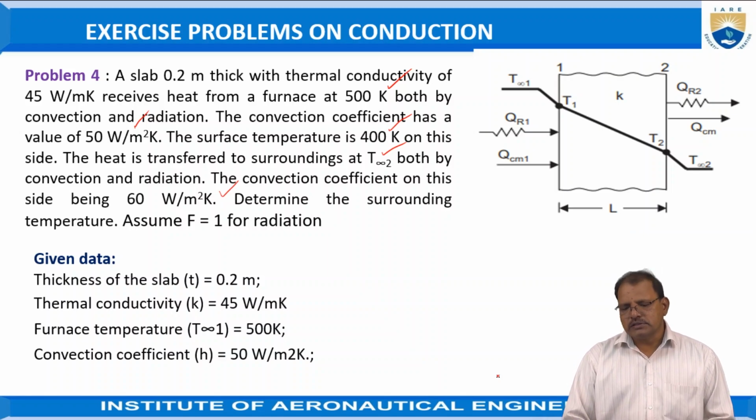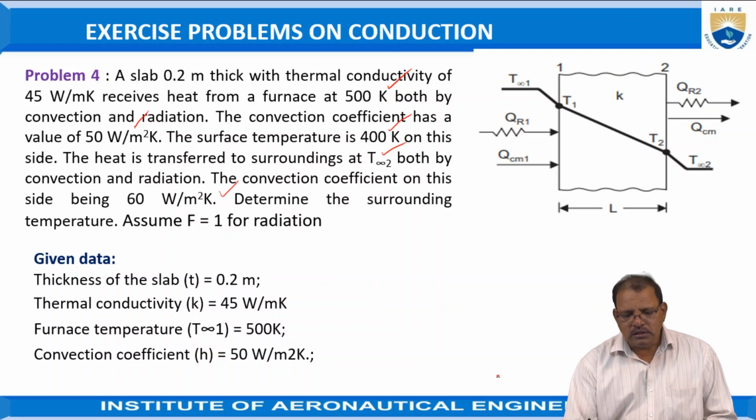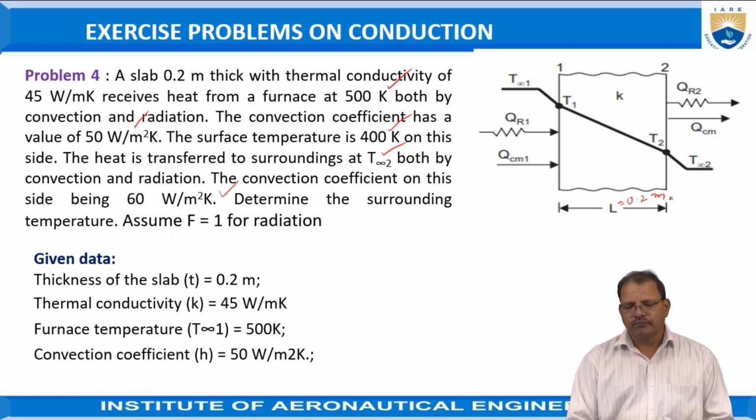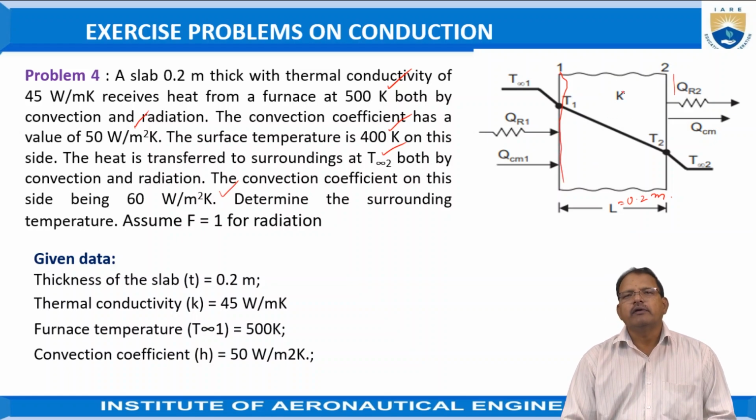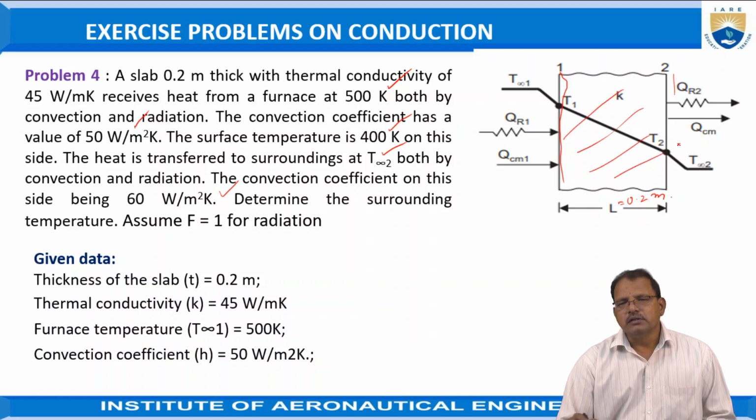First of all, we identify the given data. A slab of 0.2 meter thickness is given, so L is equal to 0.2 meters. Here the slab is given. On one side it has hot fluid, and the other side has air. That is, the heat energy is flowing from the hot fluid to the solid by convection as well as radiation, according to this problem.